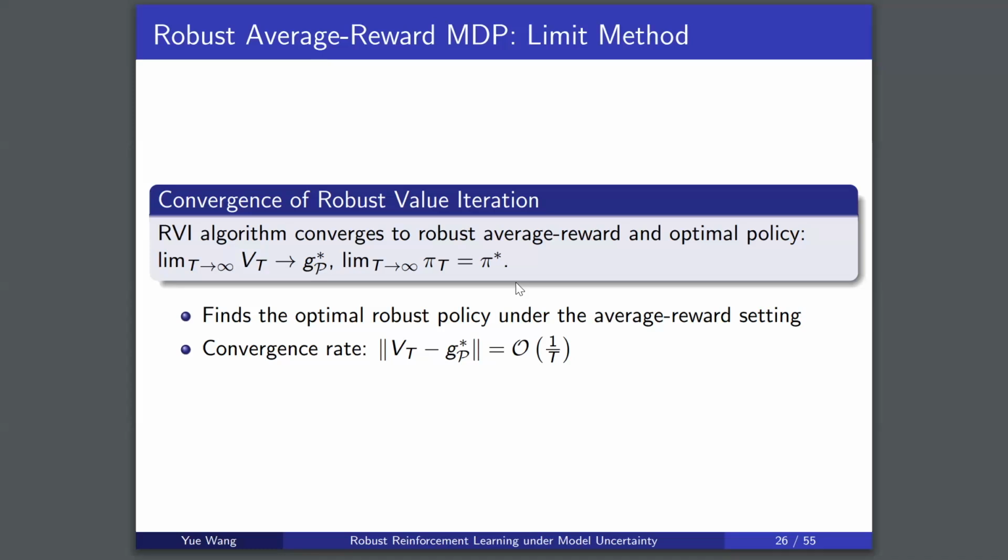What assumptions are made on the uncertainty set so far? We are assuming that the MDP is unichain over this uncertainty set. I believe our result can be generalized to multichain, but at the current stage, we only focus on the unichain case.